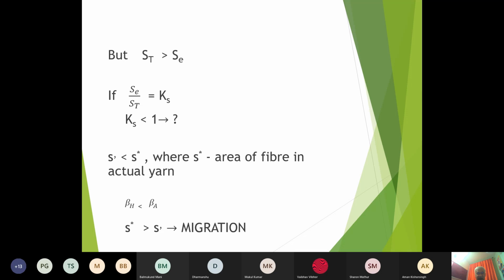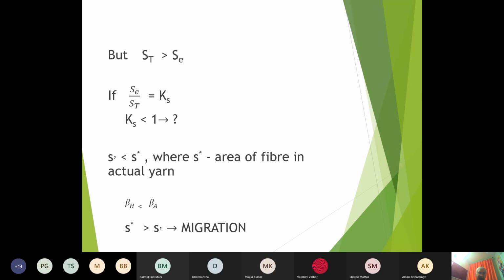Now there are two situations: either the fiber will come towards the yarn axis or it will go towards the yarn surface. If a fiber comes towards the yarn axis, the area of that fiber is reducing. But as the fiber reaches the yarn surface, the helix angle will be more and the area of the fiber is increasing. So an important issue we are missing in this model is that we have not taken fiber migration into consideration.